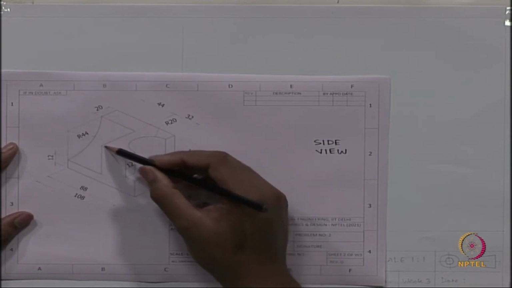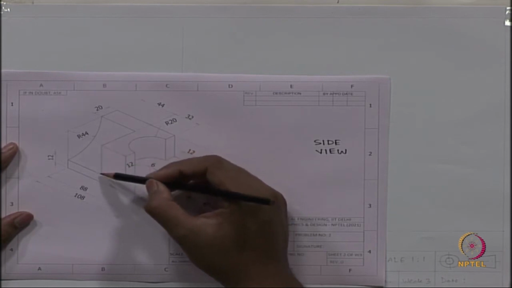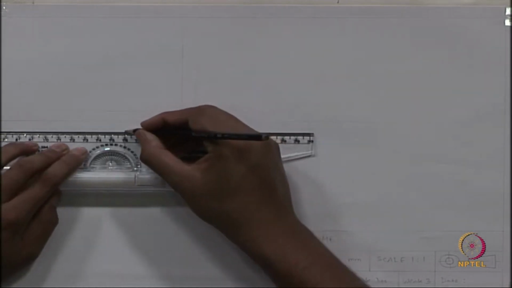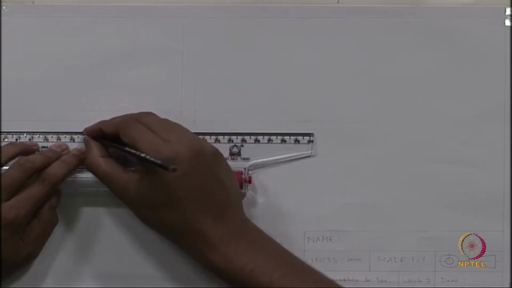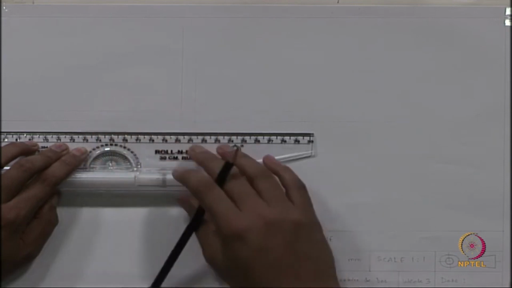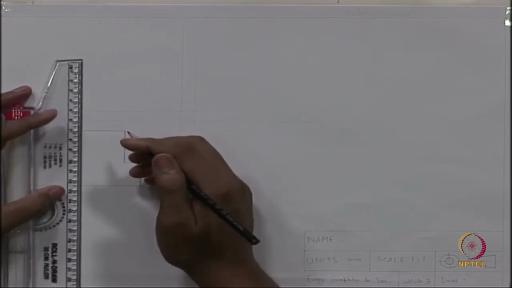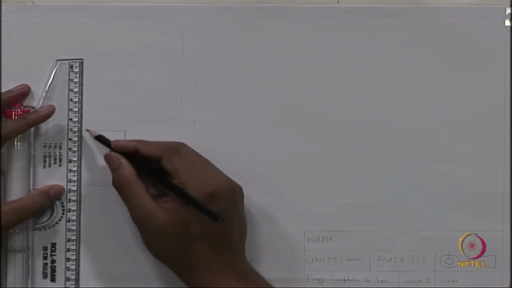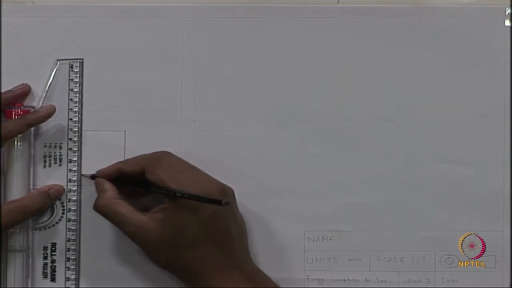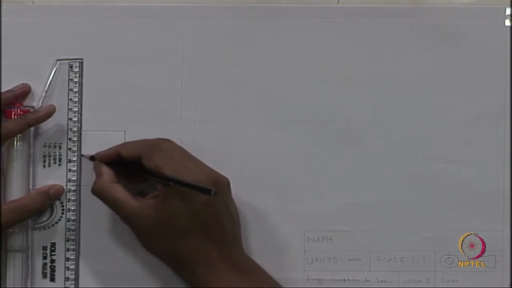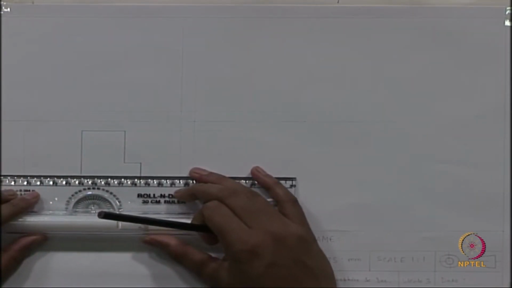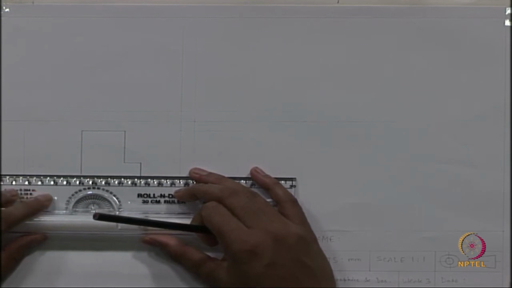So, we will go 32 horizontal, 44 vertical and again 44 horizontal, then we will close it. 32 here I will mark, from here 44 down, from here again 44 to the left side.